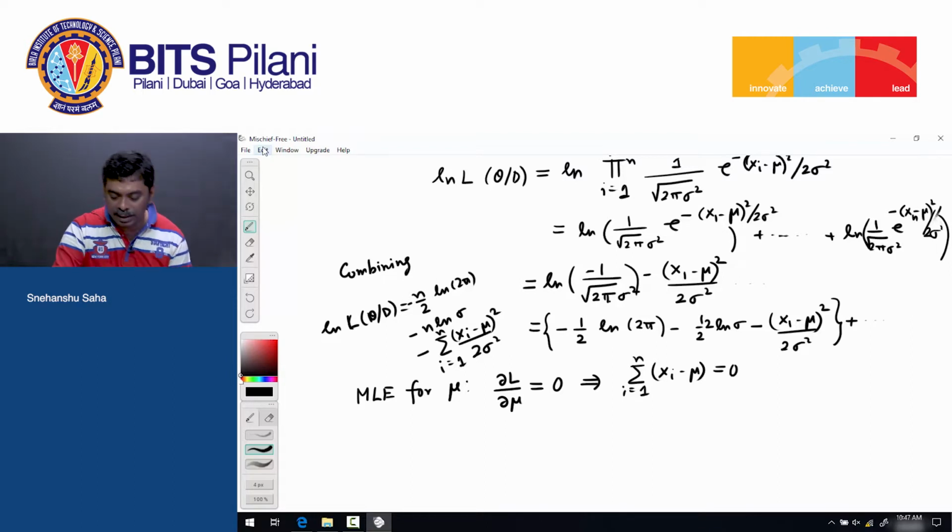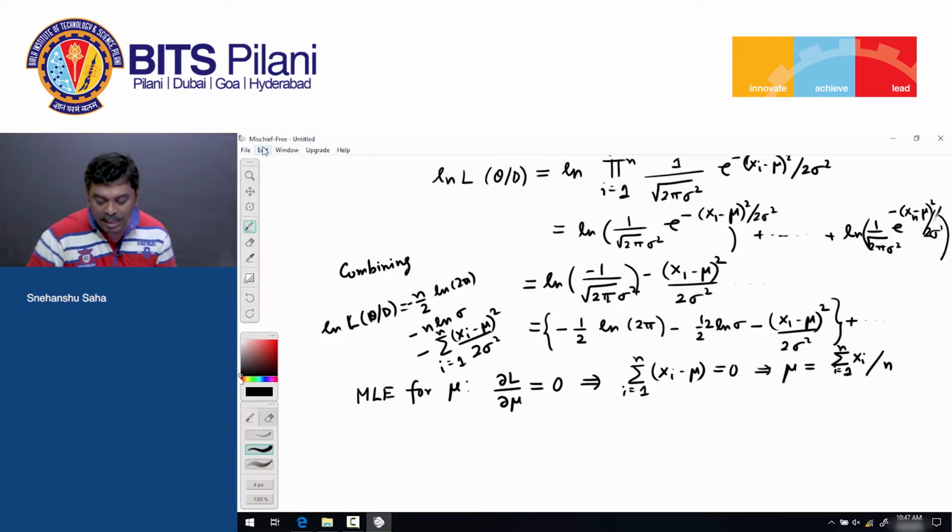Simple. And since mu is a constant and you have n iterations of that, it's easy to see this is what you expect. When you look at the maximum likelihood estimation of mu, you will see that it is the average. So this is nothing but the average of all the observations that we have over n observations.